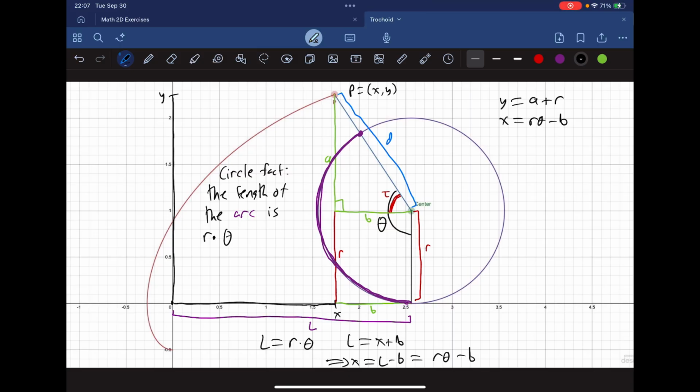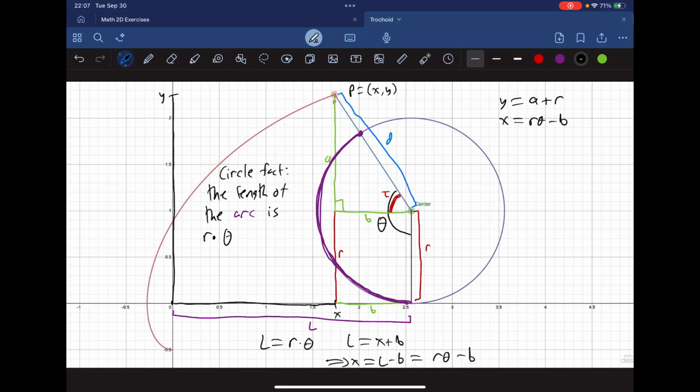And now all that remains is to figure out what a and b have to be. And this is exactly where trigonometry is going to come into play. So let's remember the triangle that we drew here in green. This right triangle has the lengths a and b that we care about. And to find those lengths, we just need to use SOHCAHTOA. So the length a, using trigonometry, well, we labeled this angle right here for our right triangle tau.